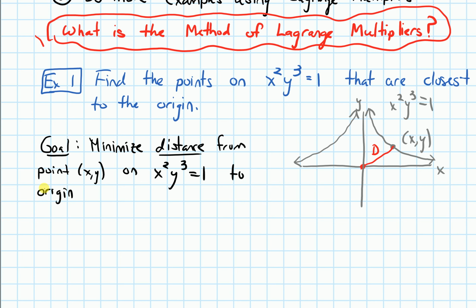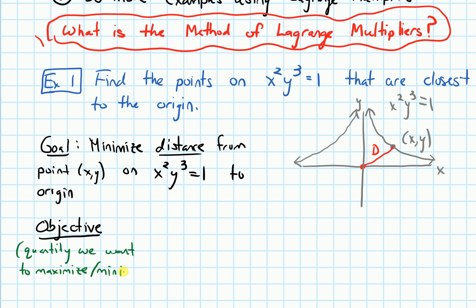The quantity that I'm trying to optimize, in this case the distance, we commonly refer to as the objective. The objective is the quantity that we want to either maximize or minimize, depending on the context of the problem and what the problem is asking for.